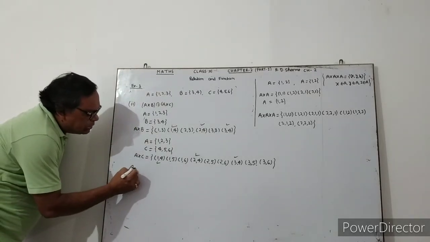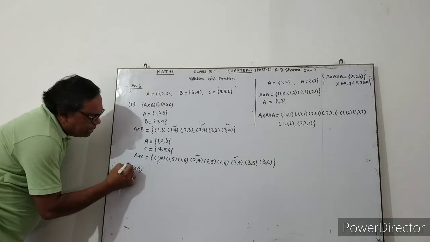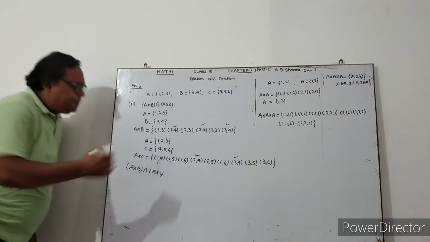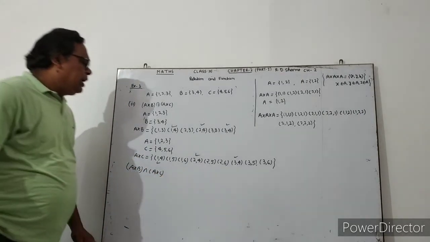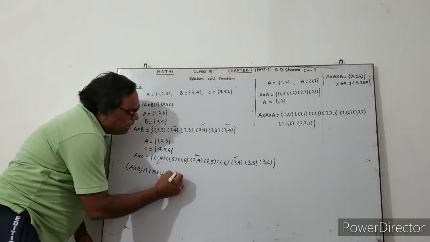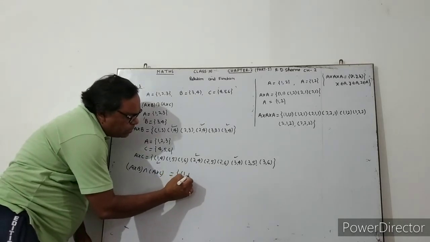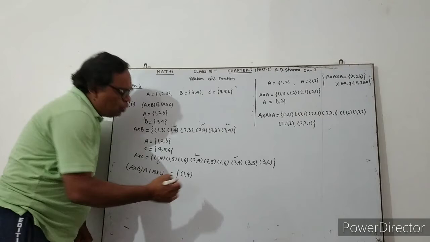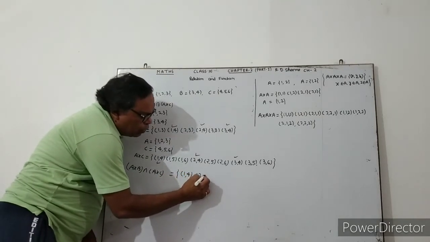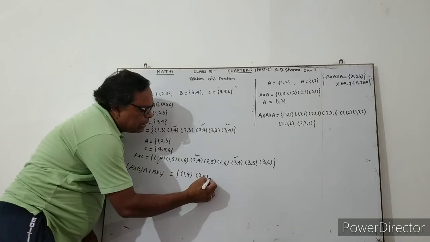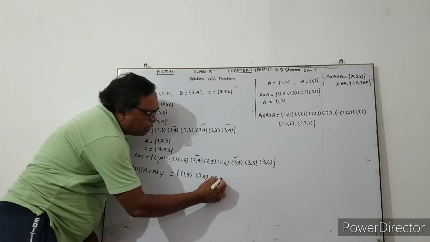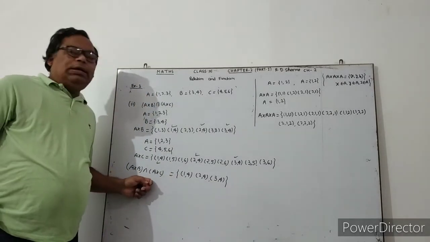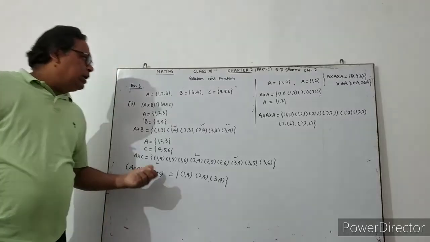A cross B intersection A cross C: 1, 4, and 2, 4, and 3, 4. This is the A cross B intersection A cross C.